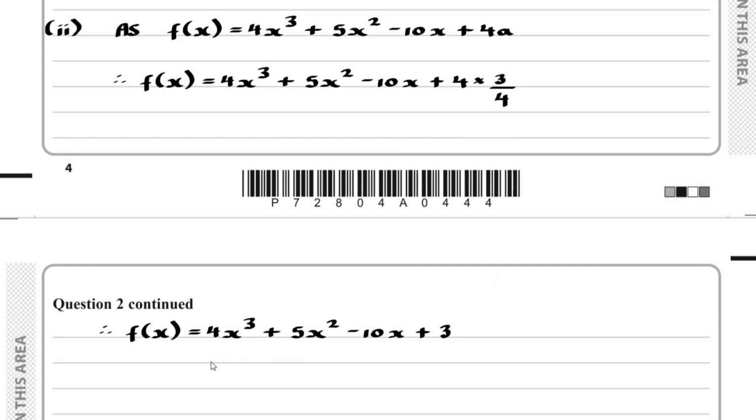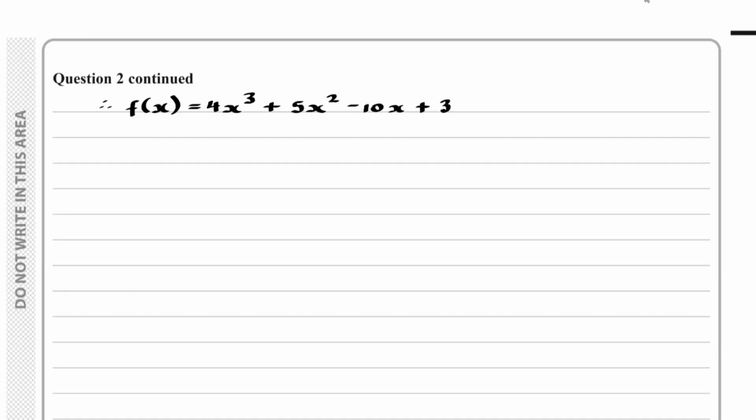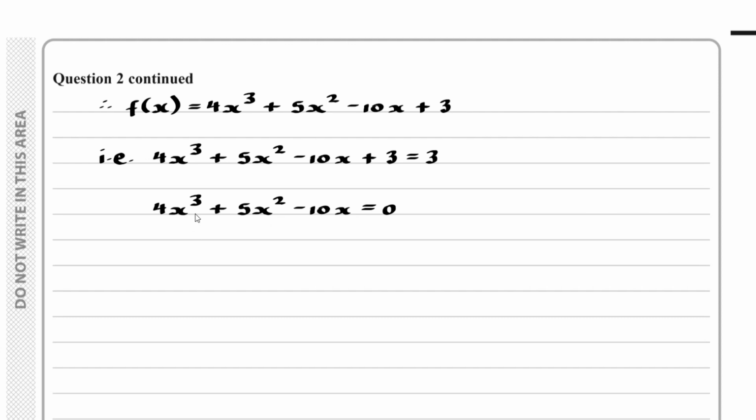And what we are required to do is solve the equation f of x equals 3. So we have 4x cubed plus 5x squared subtract 10x plus 3 equals 3. The 3's simplify to 0 on both sides, and therefore we have 4x cubed plus 5x squared subtract 10x equals 0.